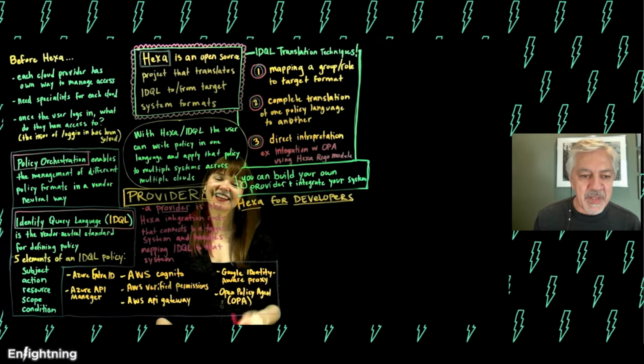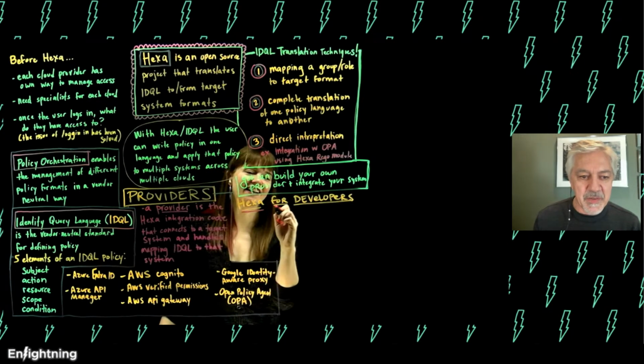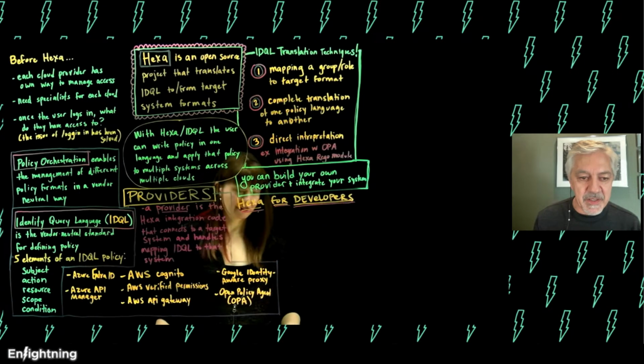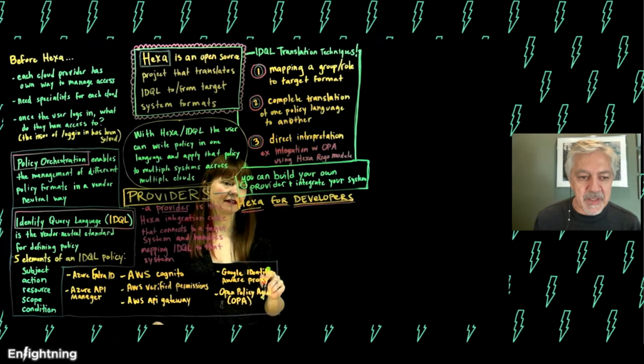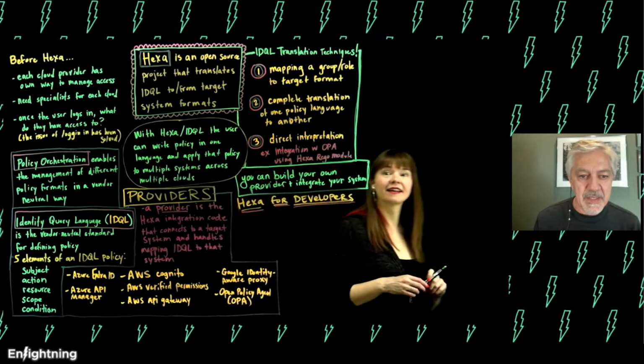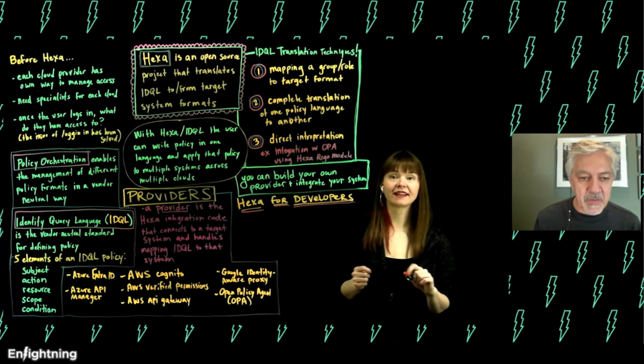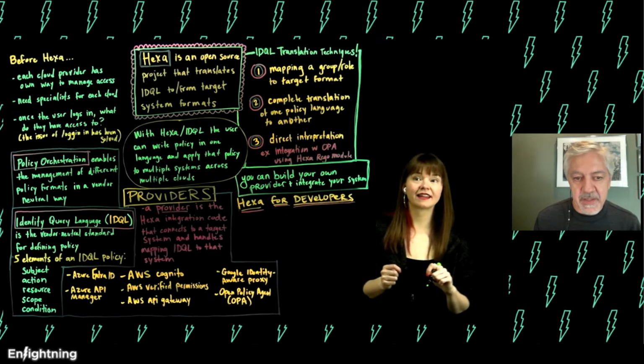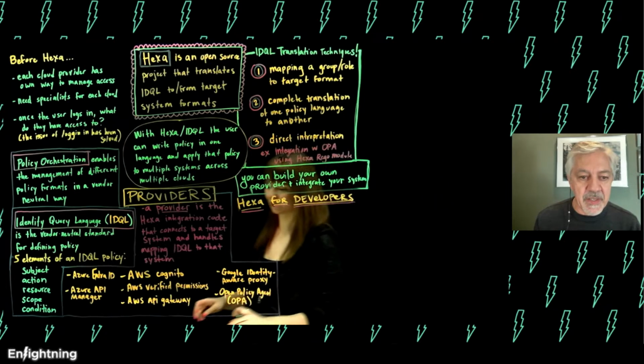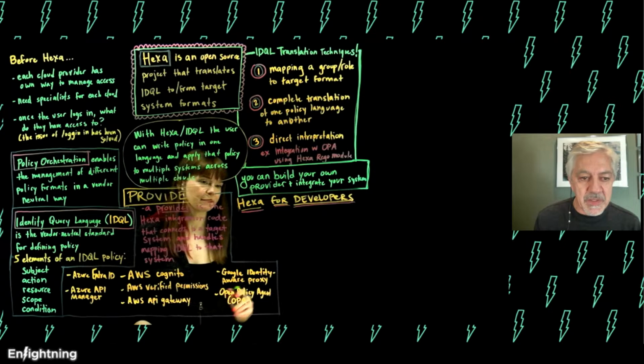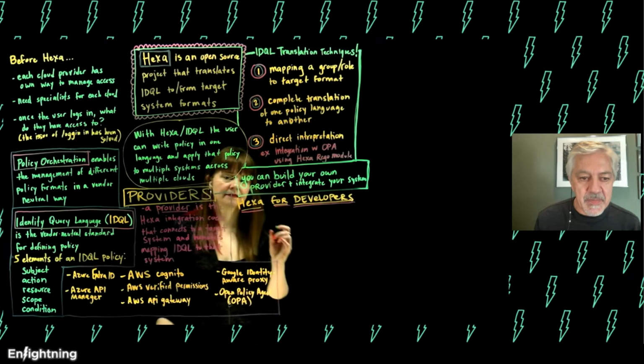All right. So Hexa is written in Go. The main API is a native Go API. And we're now creating a CLI, a command line interface that will help you do testing and scripting and so on.